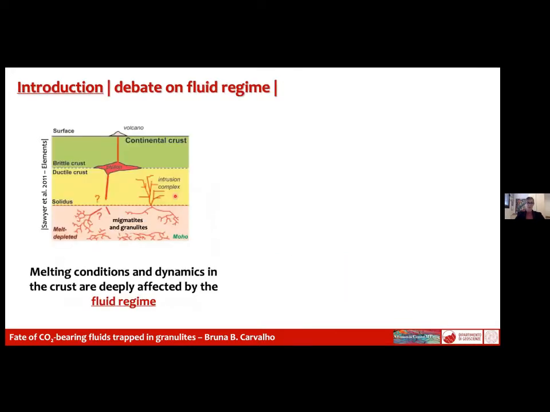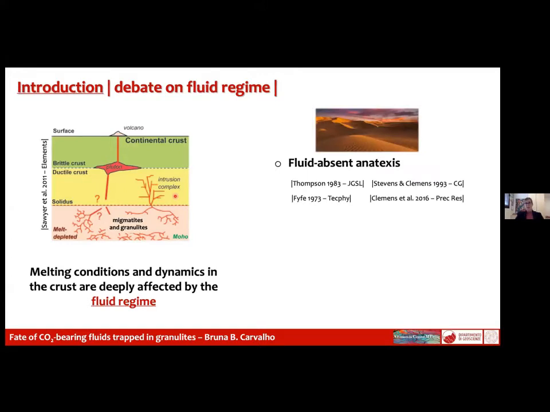We know that crustal melting and the ascent of anatectic melts towards the surface represent an efficient way to promote the chemical differentiation of the continental crust, and melting conditions and dynamics in the crust are deeply affected by the fluid regime. And yet, the roles that fluids may play in high temperature metamorphism and anatexis remain a debated topic.